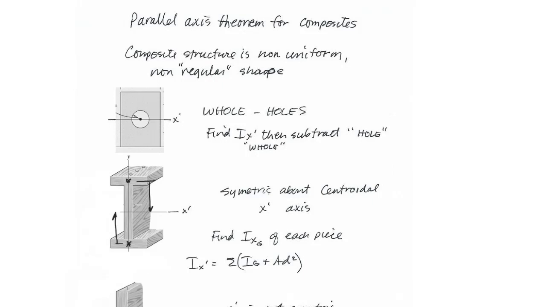The moment of inertia of the structure is equal to the sum of the moment of inertia of each part plus the area of each part times the distance that you're moving it, that d squared. So I'll call this d and that one d.